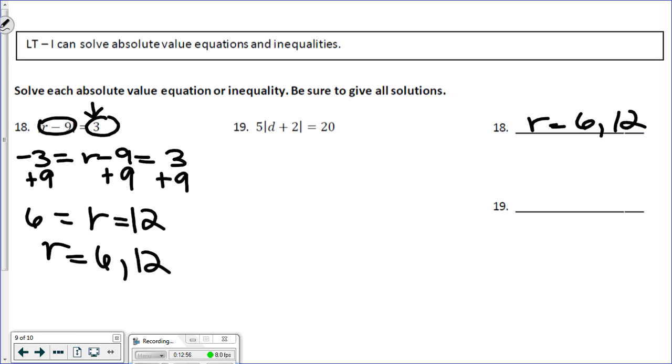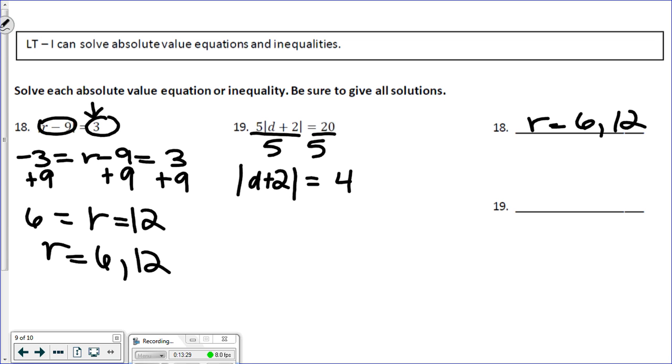Number 19. Remember, our goal is to isolate the absolute value symbols. The absolute value of d plus 2 is all being multiplied by 5. So to get rid of that, I'm going to divide by 5 on both sides. Now that I've isolated the absolute values, I can start to get rid of the absolute value symbols.